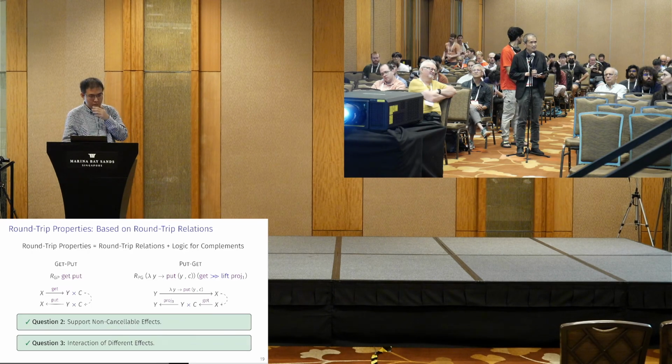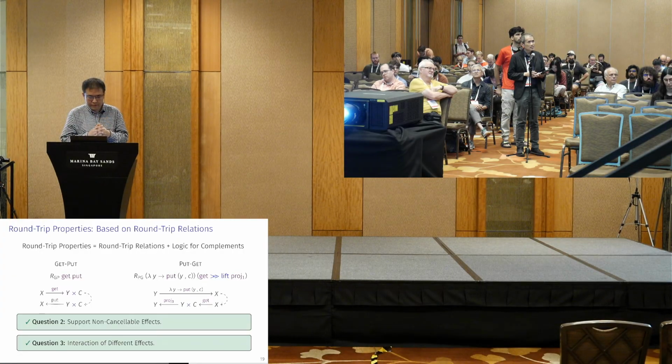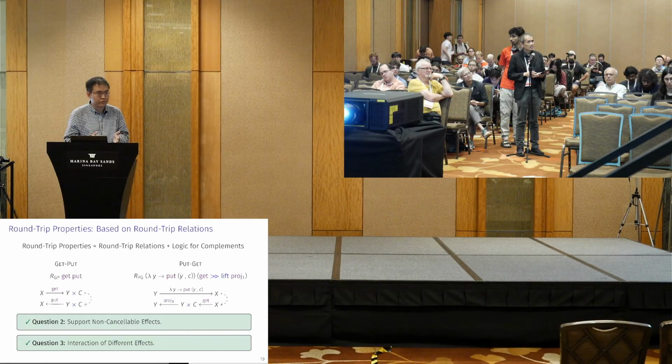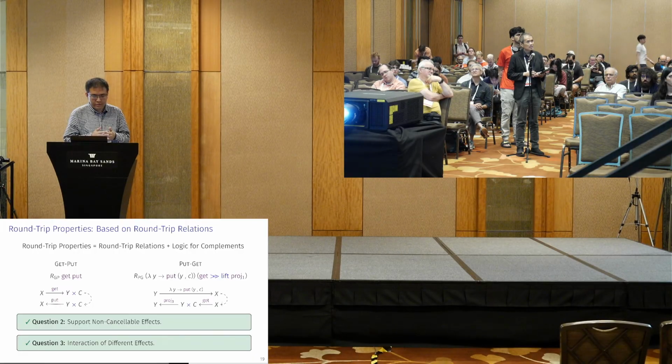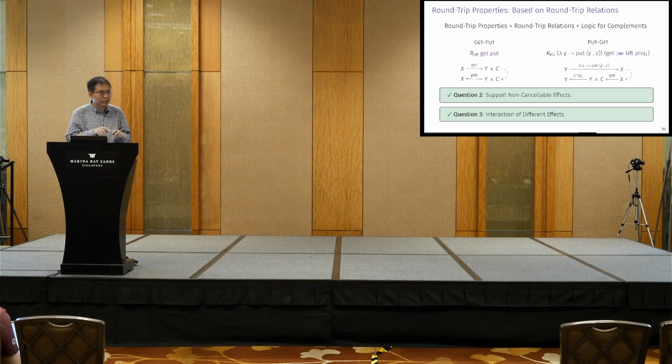Is that correct? So the way that we support non-cancellable effects is to delegate the responsibility to the user, right? Because if the user wants non-cancellable effects, they can describe what they want with these effects by specifying these round-trip relations. This relation captures how the effects should interact with each other.